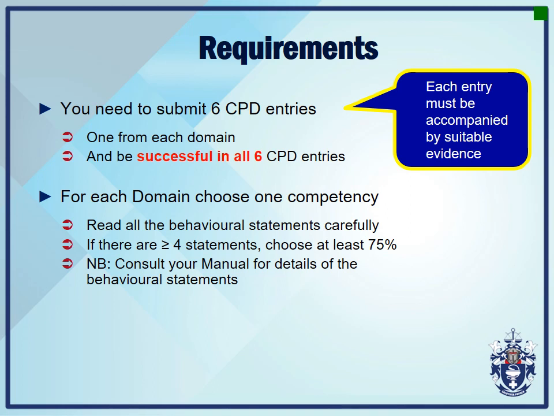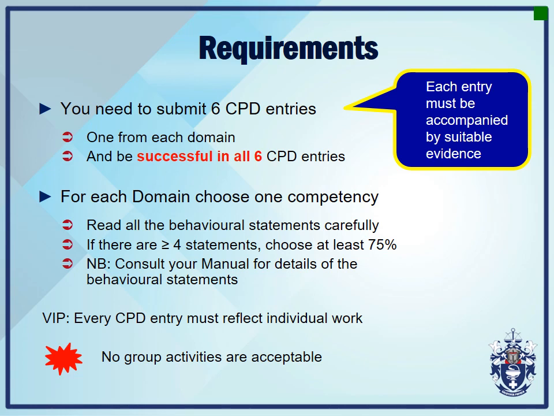If there are 4 or more statements, you choose at least 75%. Consult your manual for the details of the behavioral statements. So when you are fulfilling your CPDs, make sure you have your manual right next to you. Every CPD entry must reflect the individual's work. So no group activities are acceptable.